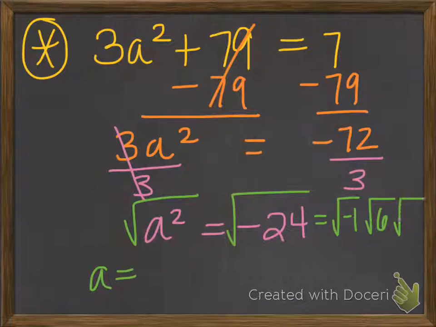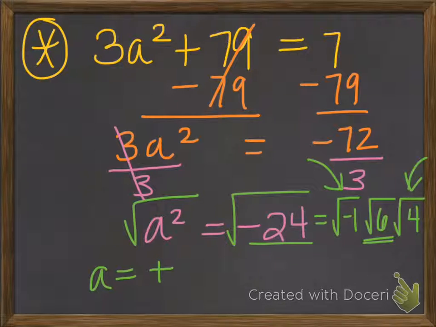Because all of these radicands multiply together to give you negative 24. The reason I broke it up like that is because I know that 4 is a perfect square, and I know the square root of 4 is 2. I know that the square root of negative 1 is i, but 6 does not have any perfect square factors, so I can't break that down any more than it is already.